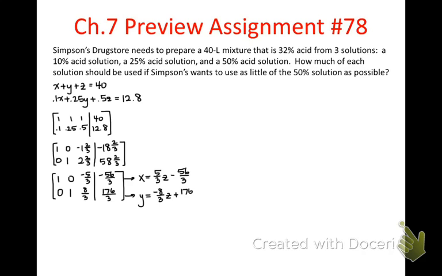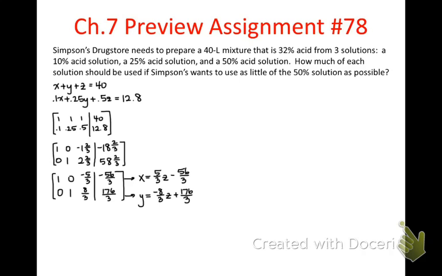Plus 176/3. Do you guys see what I'm doing there? This 8/3 is in the z column. So you're subtracting the 8/3 over in terms of z plus 176/3. Right? So now we have the flexibility of if I can figure out what z should be, then I can figure out what x and y should be, right?